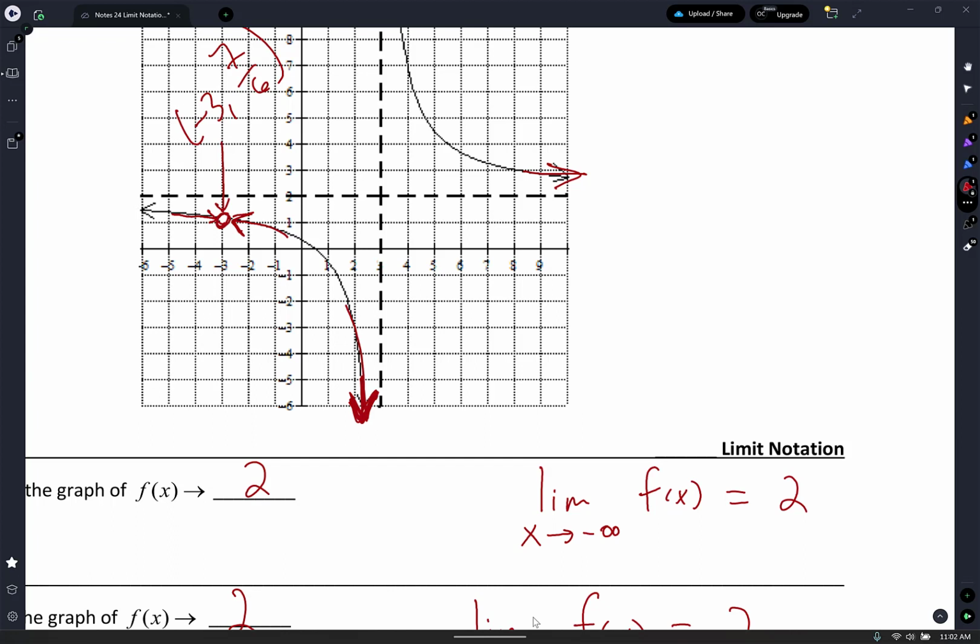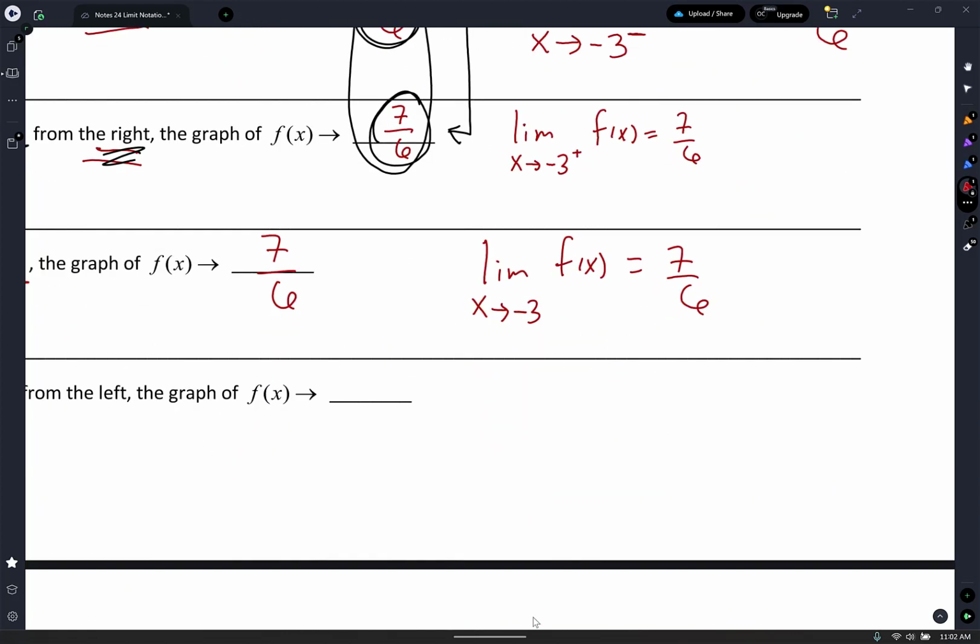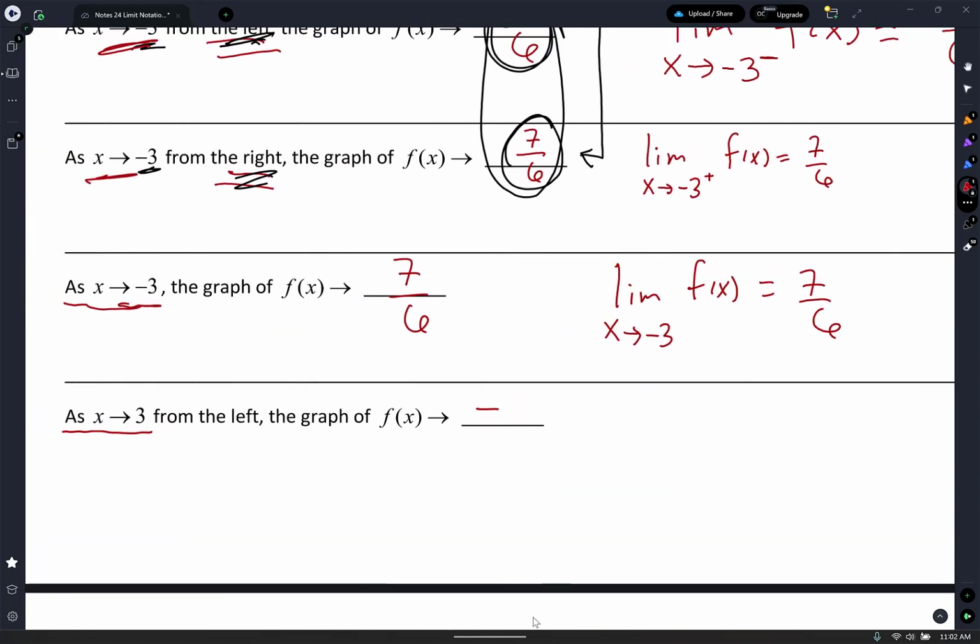Negative what? Negative infinity. So I'll write limit as x approaches 3 from the left, upper right-hand corner, put a minus sign, of f of x.